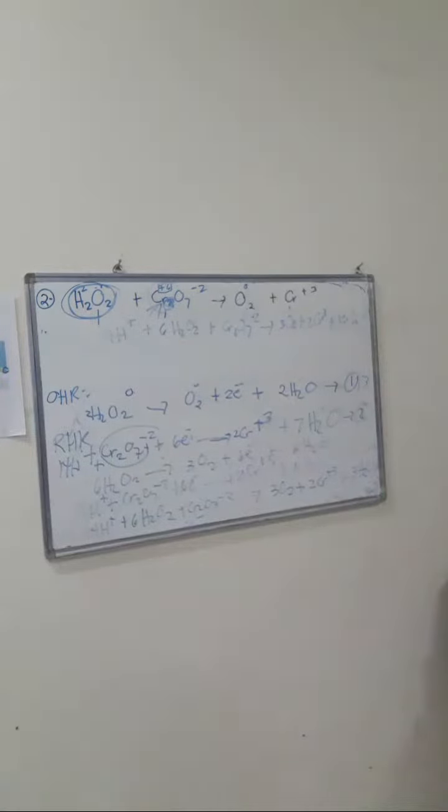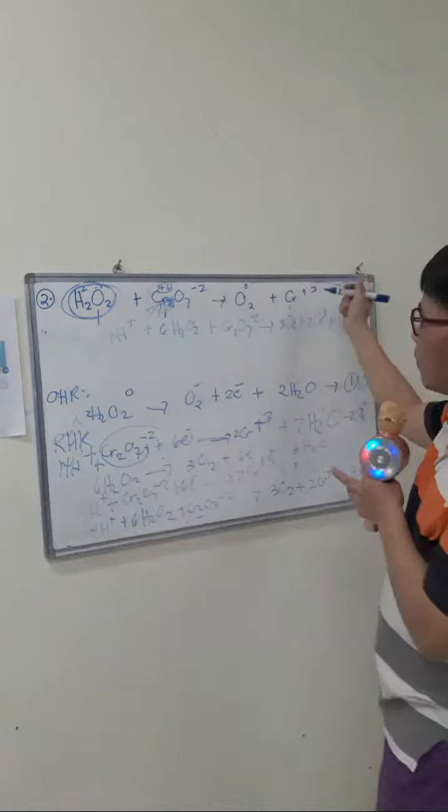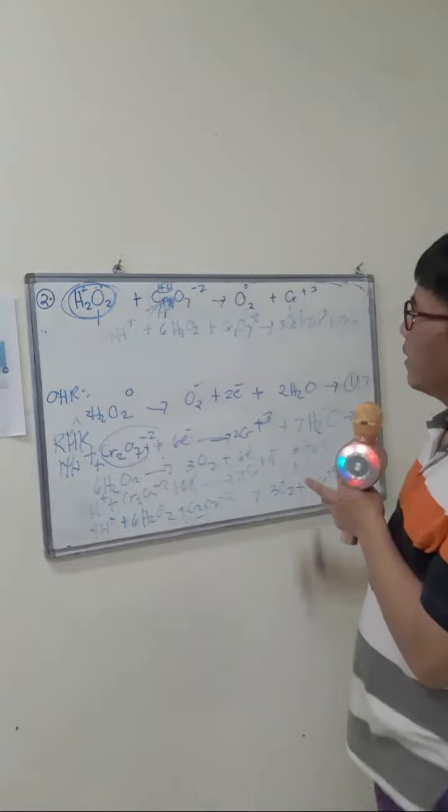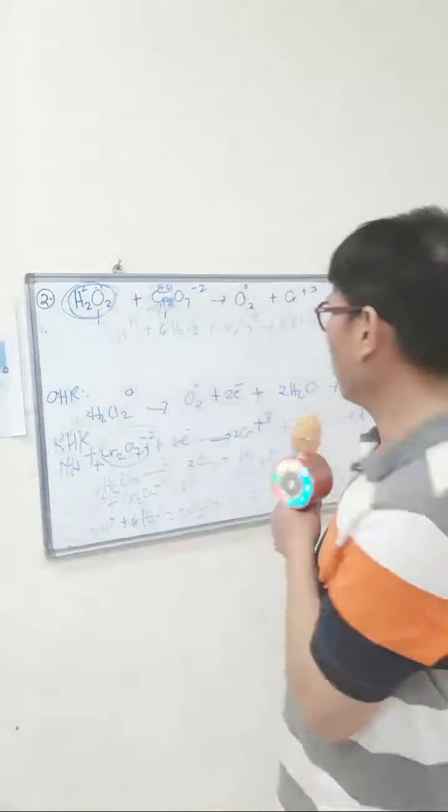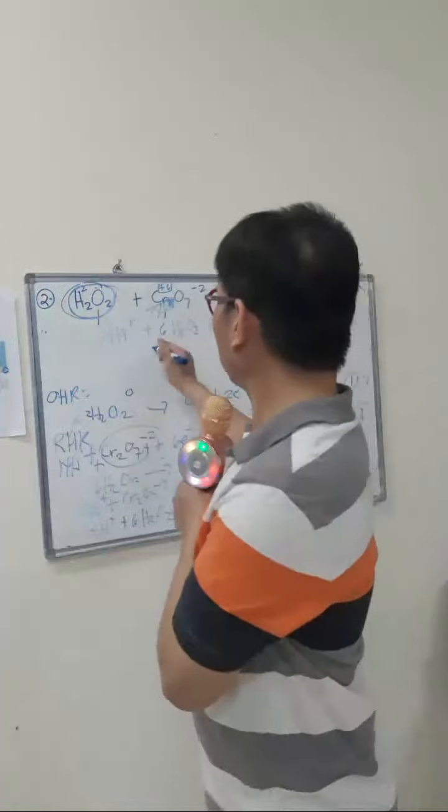Now, cancel immediately what becomes 0. 13 moles of water has charge 0, then oxygen gas is also 0, and hydrogen peroxide is also 0. Right? Yes, 0.